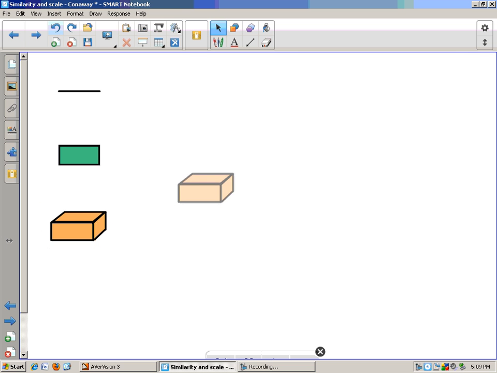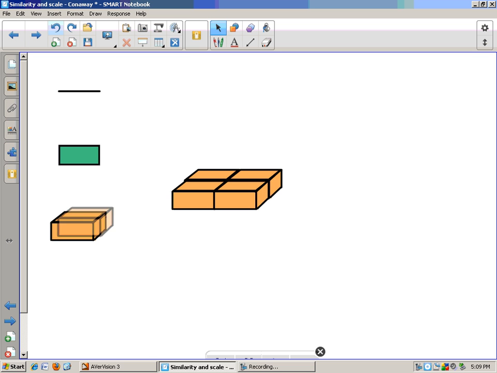To scale this up, I'm going to make it twice as wide. But hey, I also need to make it twice as deep. And I finally need to make it twice as tall.